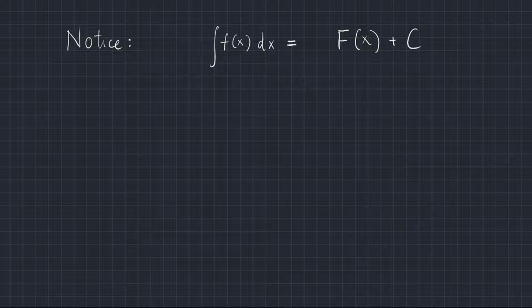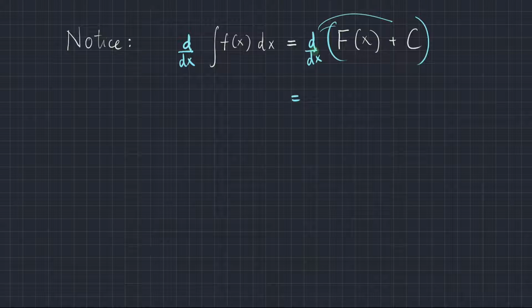Let's see what happens if we differentiate both sides of this equation. If you take the derivative of the integral of f of x dx and the derivative of this antiderivative, on the right hand side, the derivative distributes to the antiderivative as well as the constant.